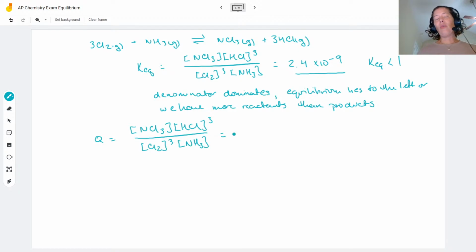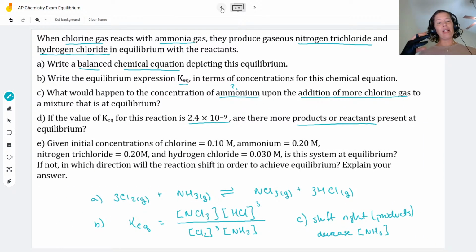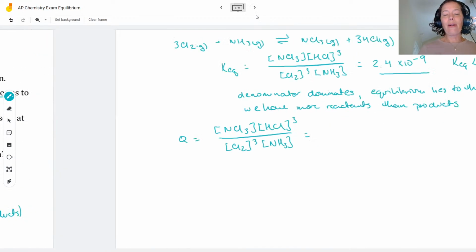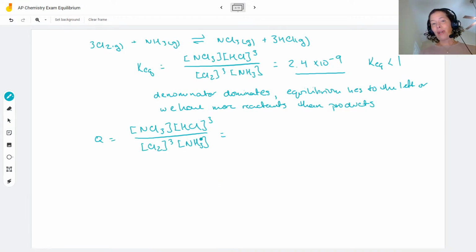All right, one of the key things here, a very common mistake, is putting the wrong concentration in for the wrong species. So again, when you're working this on the AP exam, of course, you won't have to keep flipping back and forth on the page, but just make sure you get all of these concentrations in the correct place, because it's going to make a difference. Some of these are raised to a power, some are in the numerator, some are in the denominator.